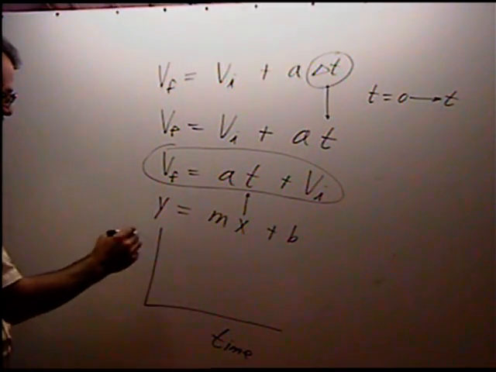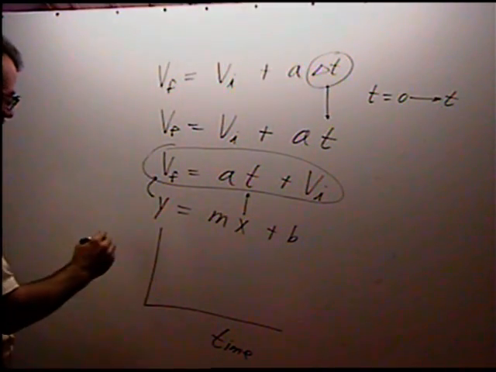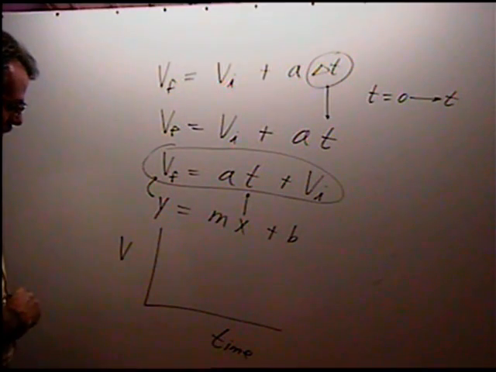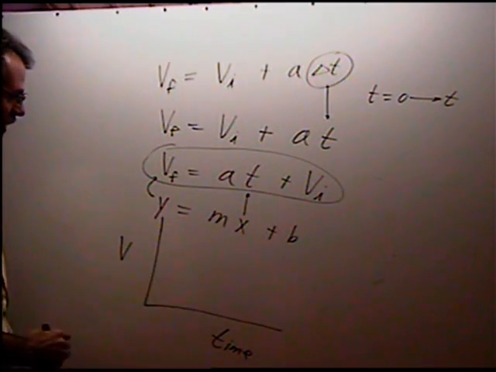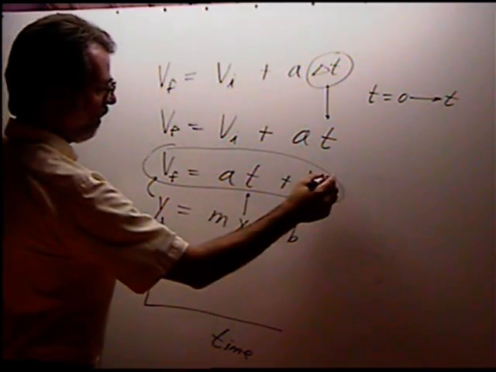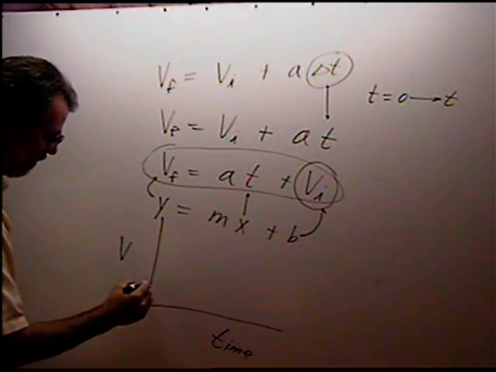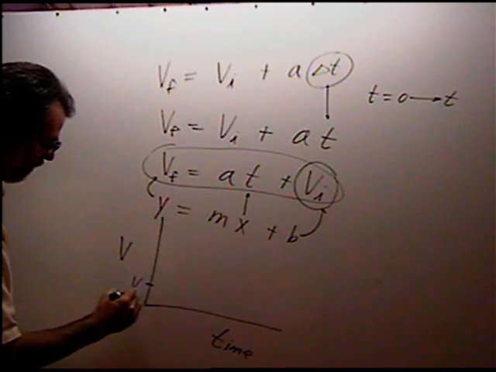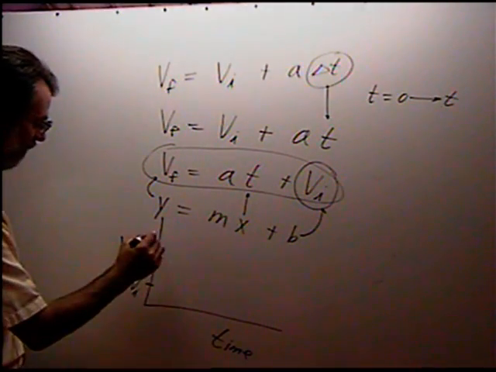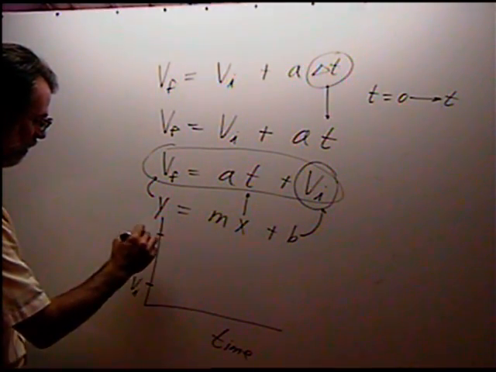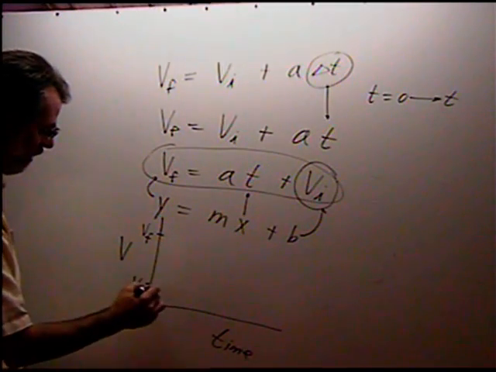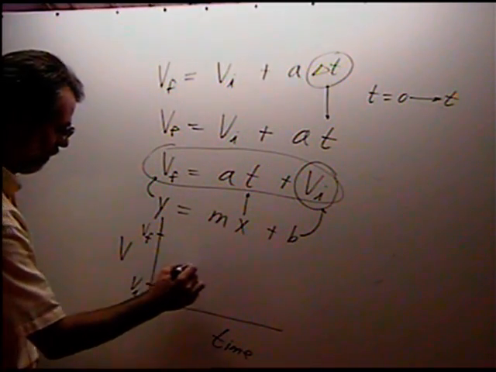The y-axis is like v, okay? And the y-intercept here is the initial velocity. That's the initial velocity. And the final velocity is here. And there's a slope.